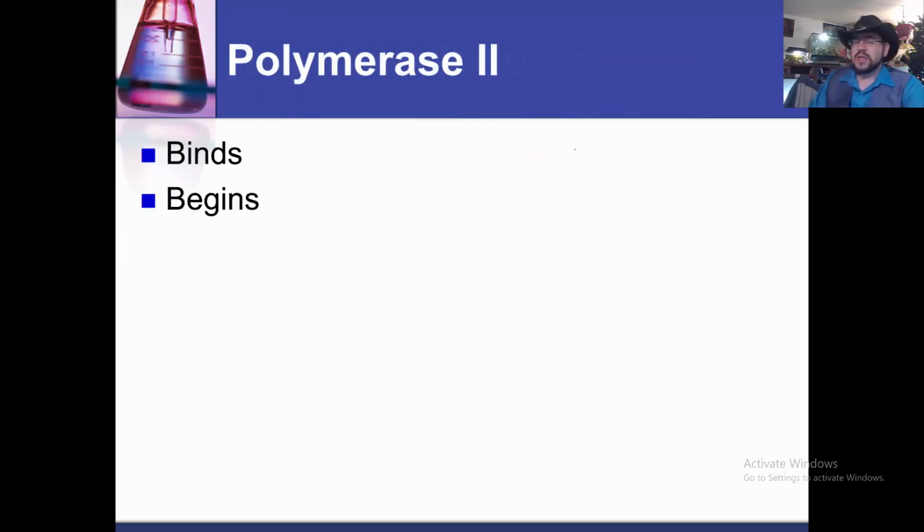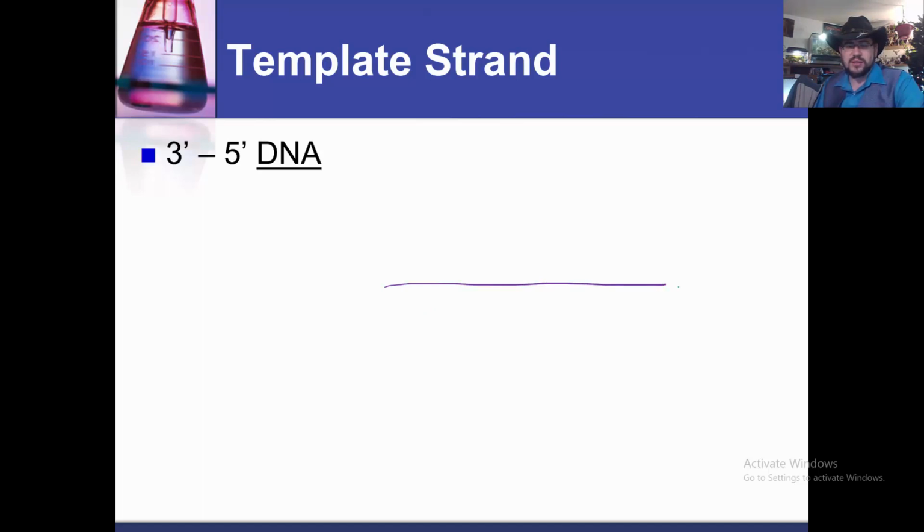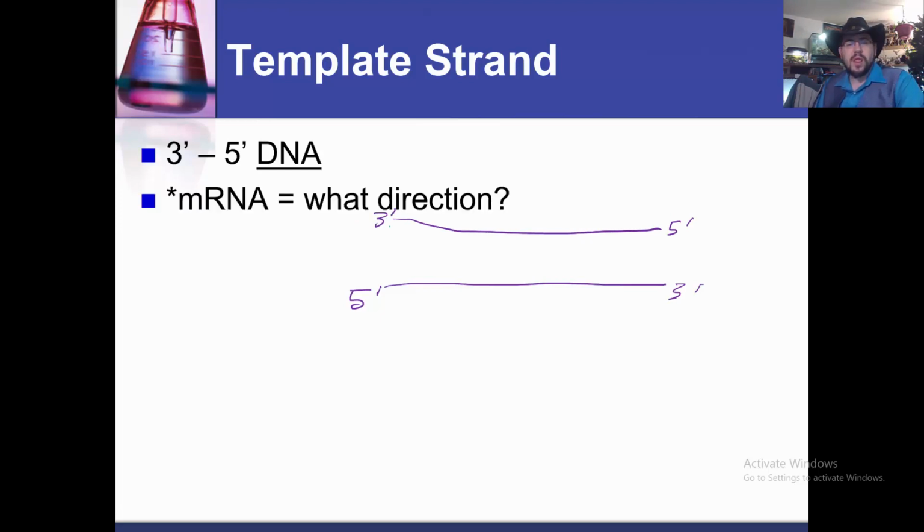It binds at the promoter, and then it immediately begins laying down new RNA nucleotides to build the mRNA. So the template strand in transcription is the 3' to 5' strand. So that means if it's the 3' to 5' DNA strand, what direction is RNA polymerase II synthesizing in?